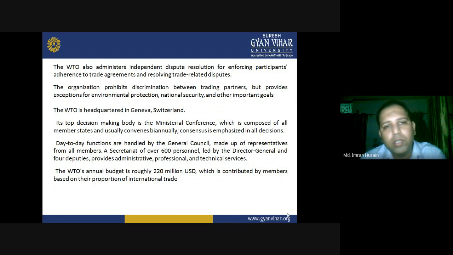The organization prohibits discrimination between trading partners but provides exceptions for environmental protection, national security, and other important goals.